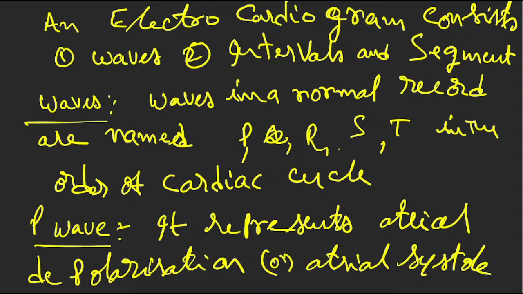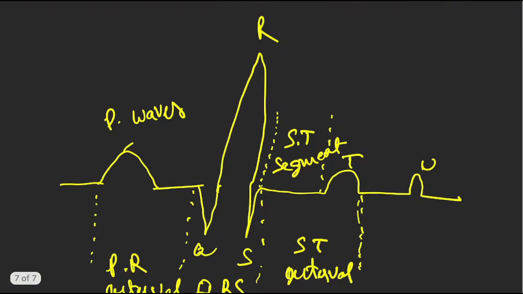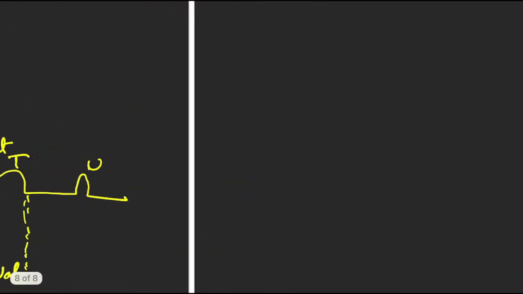What is depolarization? Depolarization means change of potential. So the entire cardiac cycle depends on the electrical potential changes.